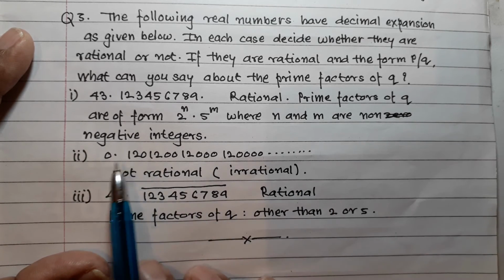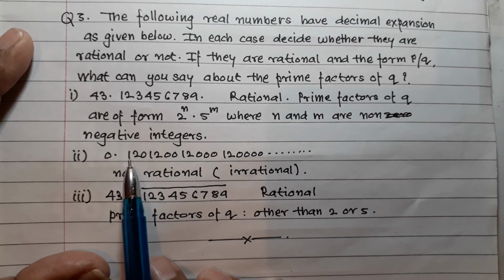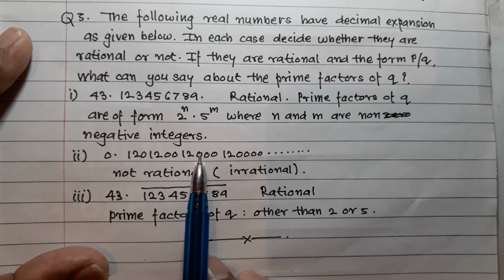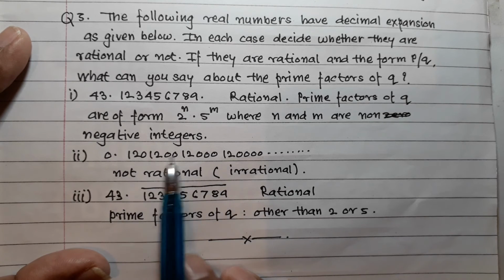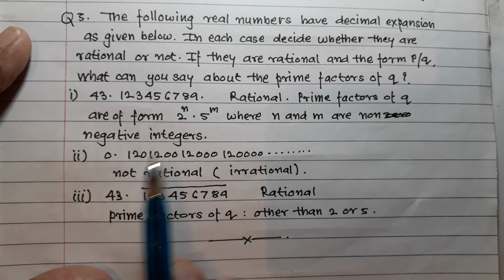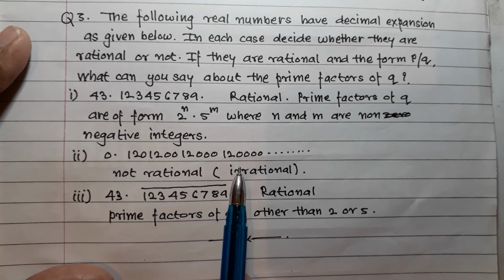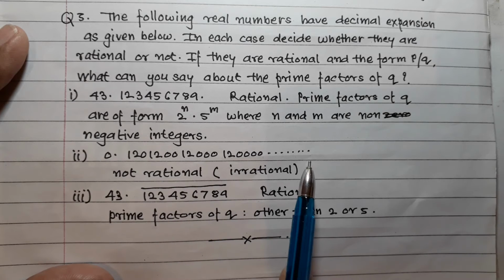Also it is not repeating, because 120, then 1200, then 12000 is not a repeating group. So therefore this is not a rational number. So it is an irrational number.